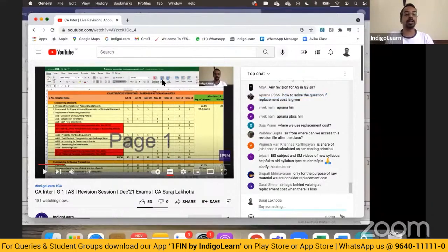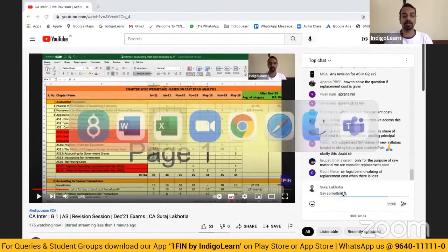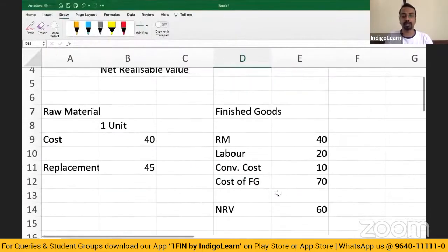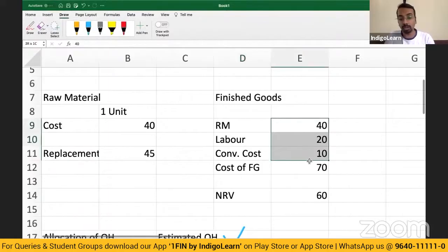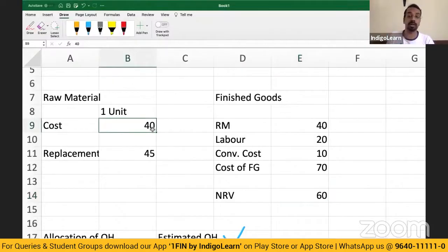So what is the logic behind using replacement cost when there is a loss? See, what is happening here? Come back to this example. My total cost of finished goods is 70 and my net realizable value is 60, meaning to say I will not be able to recover the full cost. So when I'm not able to recover the full cost, as a concept of prudence, should I not provide for the loss in the value of raw material, if there is any loss in the value of raw material? So let us say this replacement cost is 35. My actual cost is 40. There is a loss in the value of raw material, correct?